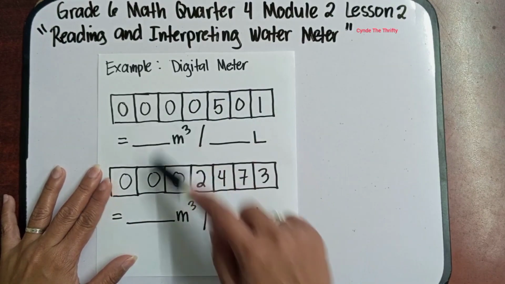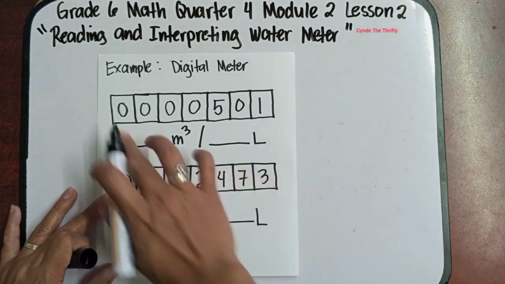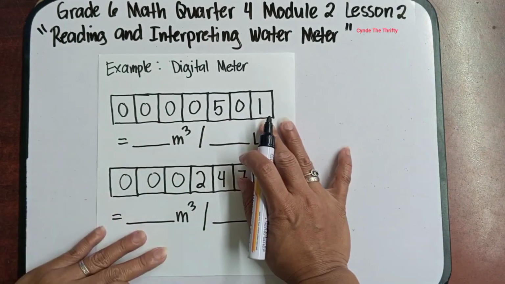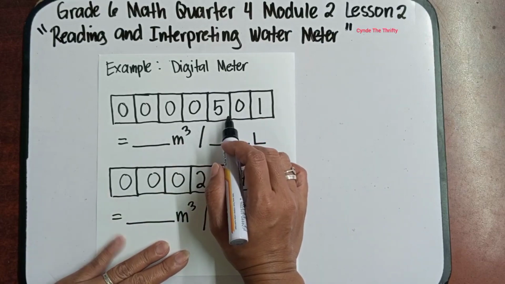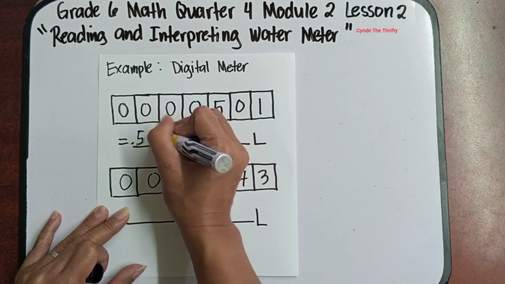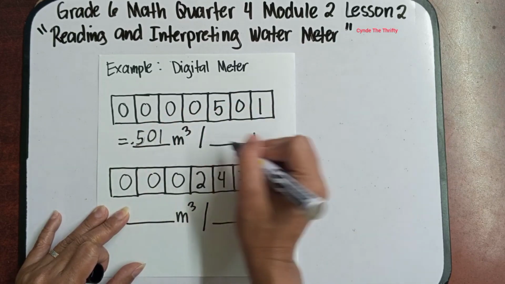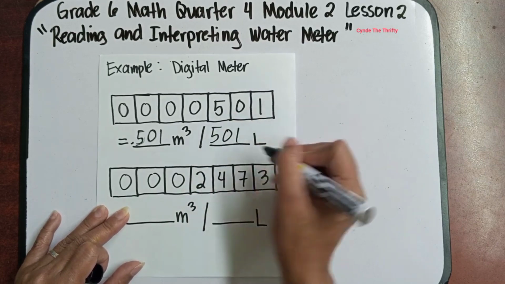So, meron tayong dalawang example dito. Ang digital meter, pagbasa ng digital meter is from left to right. So, ang gagawin natin, isusulat lang natin ang numbers. So, ano yung reading natin dito sa first example? 0.501. And then into liter is 501 liter.